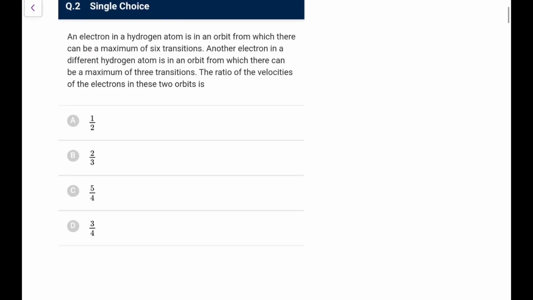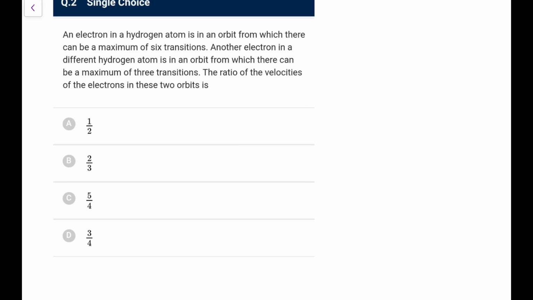Next one. The electron in a hydrogen atom is in an orbit from which there can be a maximum of 6 transitions. From any orbit, the maximum number of transitions is n(n-1)/2, that is given as 6. That means n comes out as 4. So it is in the 4th quantum state. Another electron in a different hydrogen atom is in an orbit from which there can be a maximum of 3 transitions.